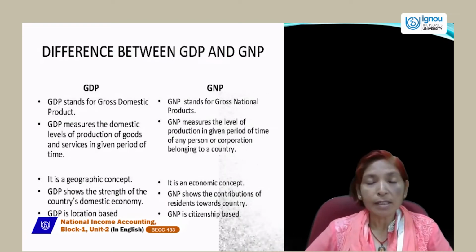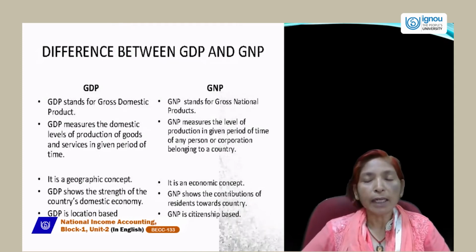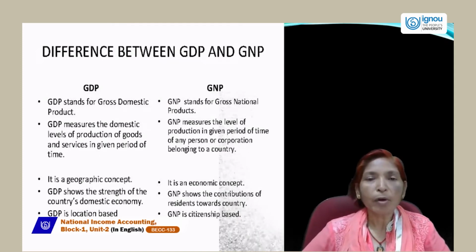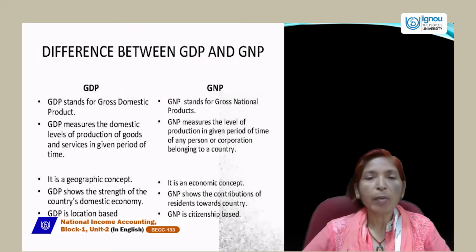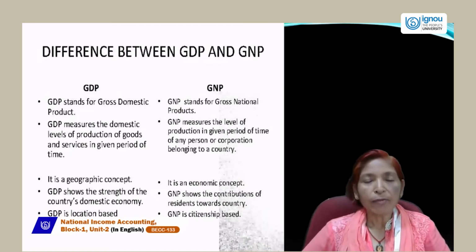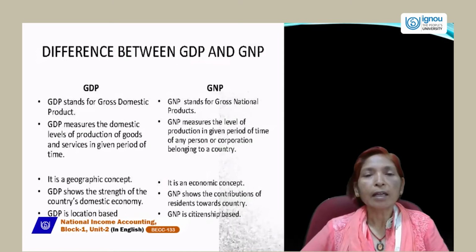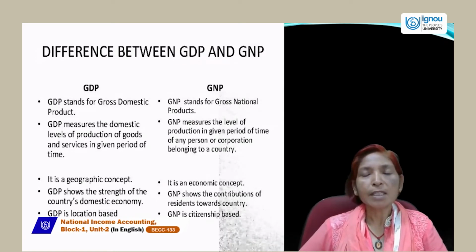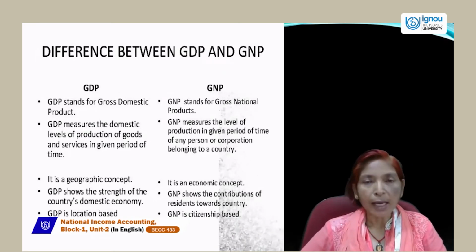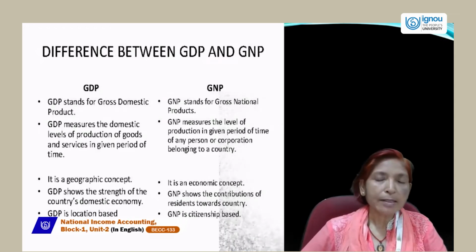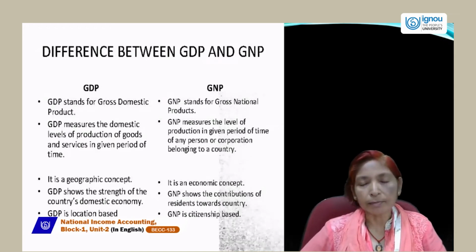Another difference is that in domestic territory, net factor income from abroad is not included, and in GNP, net factor income from abroad is included. If we add net factor income from abroad, which is the difference between income received from abroad and income paid to abroad, to the GDP concept, then we get the GNP concept.